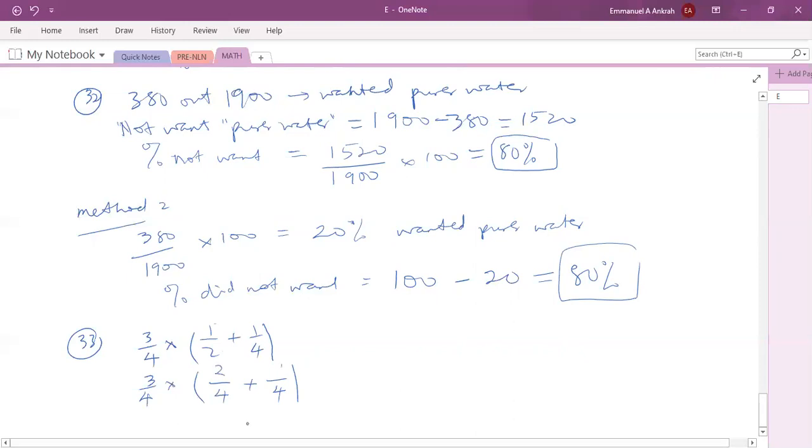Add the numerators: 2 plus 1 is 3, over the common denominator, which is 4. So 3 over 4 times 3 over 4. Now we multiply horizontally. 3 times 3 is 9, over 4 times 4, which is 16. So you should get 9 over 16, which is C.